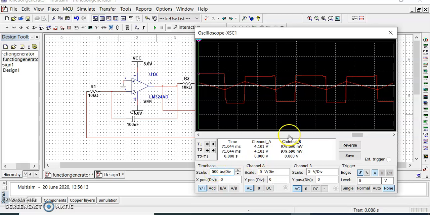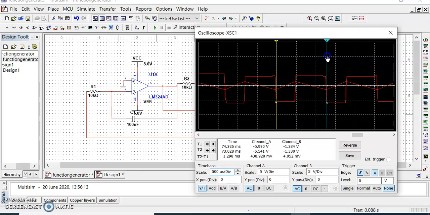For the time period, we need to take one positive cycle and one negative cycle. The wave started from here and ended here.